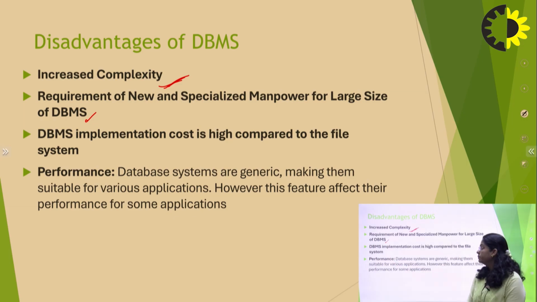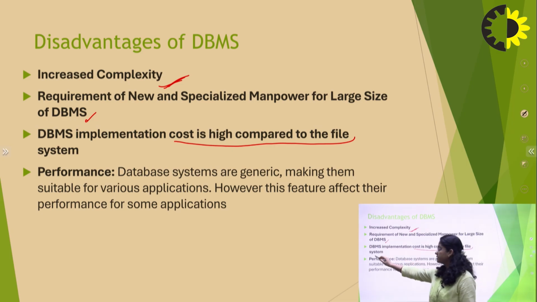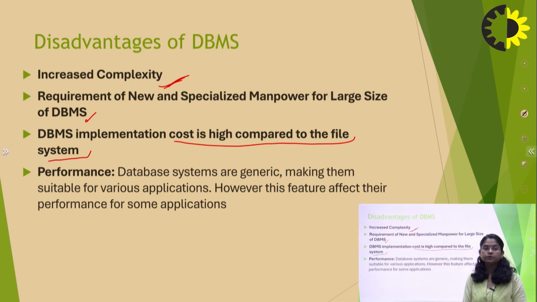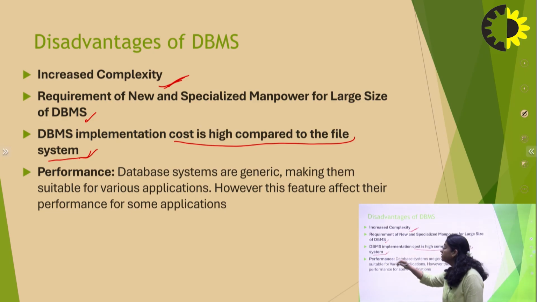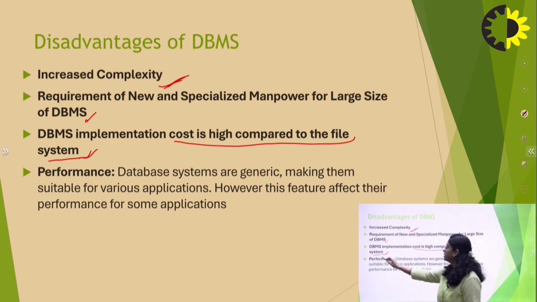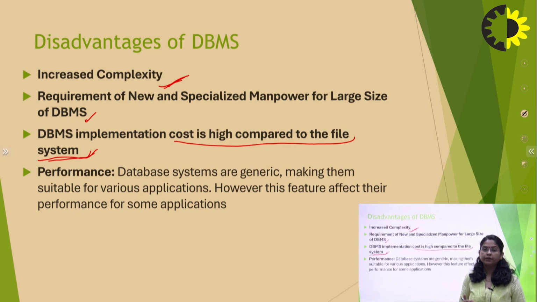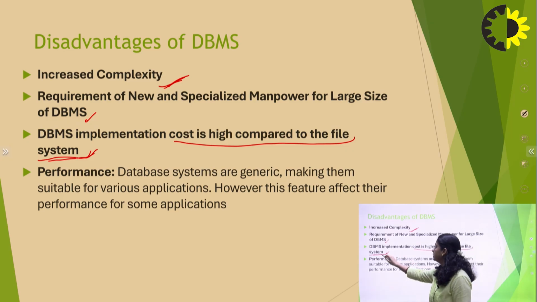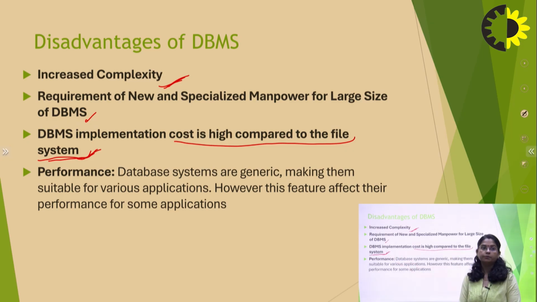Then DBMS implementation cost is high compared to the file system. Of course, when the size of the database is increased, then you need various hardware to store data, and also well-trained professionals to fetch data and to structure data in a manner.